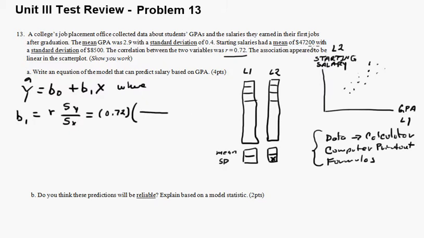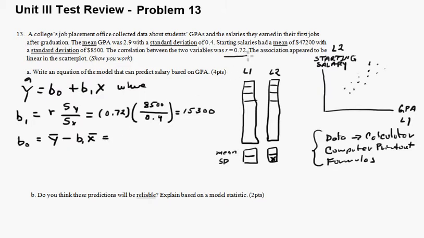Starting salary has a standard deviation of 8500, and we want to divide by the GPA's standard deviation, 0.4. The mean GPA is 2.9. That should come out to be 15300.